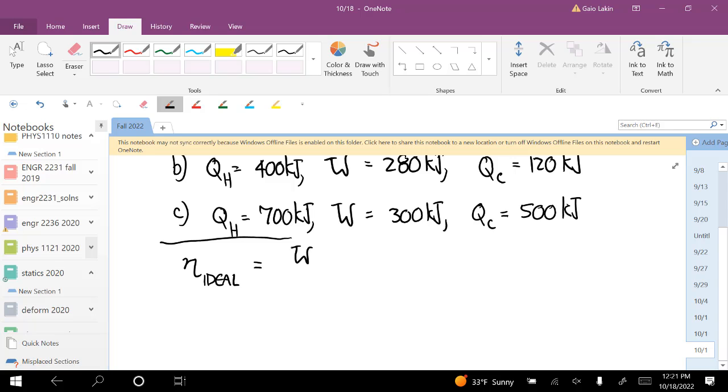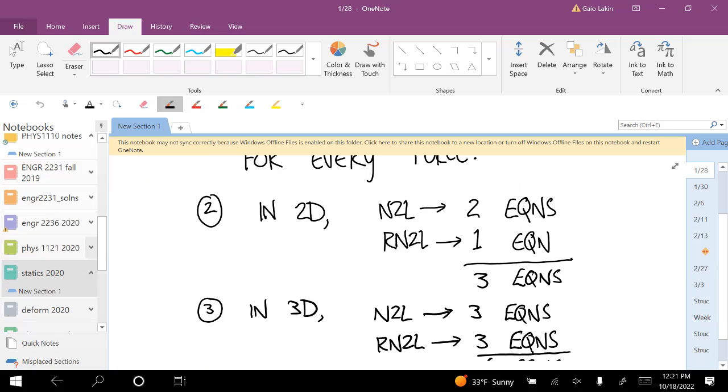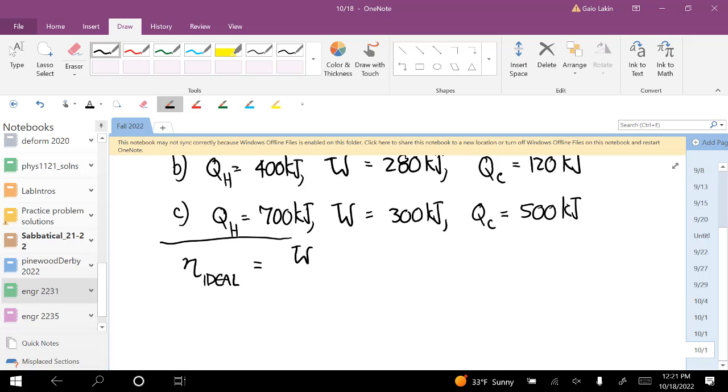For the power cycle, you're trying to get work out of it. The cost is heating up the boiler. So the efficiency is work over QH.